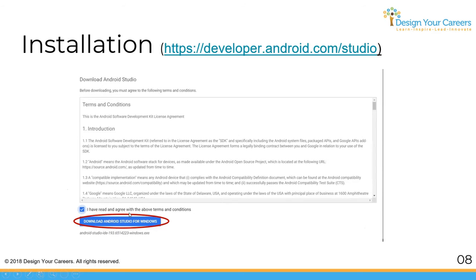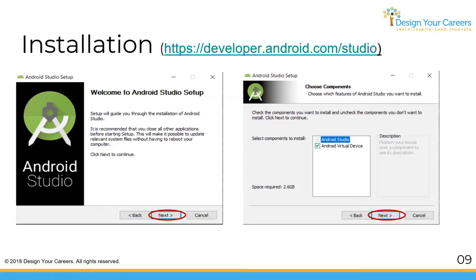You could read the terms and conditions, and then you could click on download Android Studio for Windows, and if you wanted for Mac, you could do the same. Once you click on the download, you need to run this exe file, and you just click on next, which would be the default.